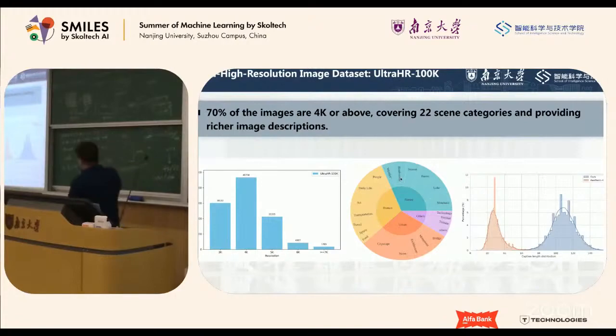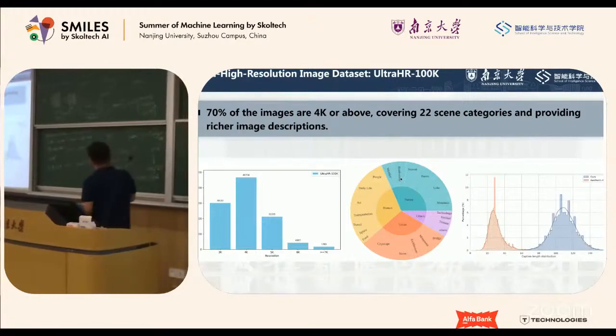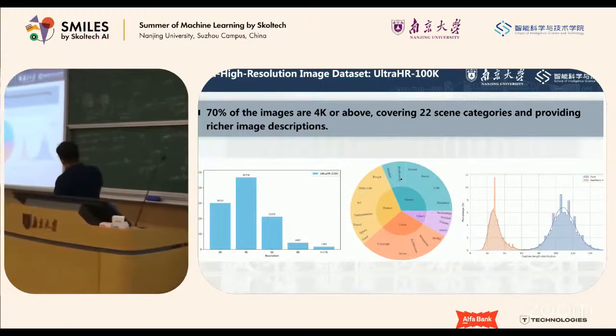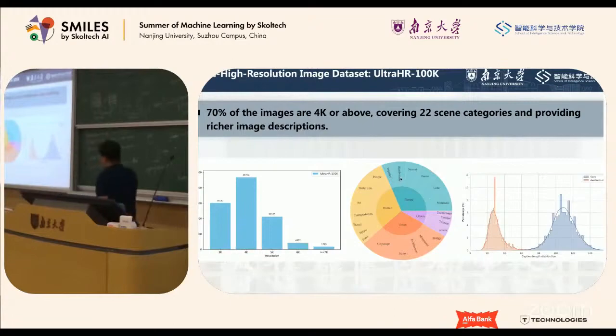If your caption or description for the image is longer, for example, in our dataset we may have 110 words for each image. But in Authentic 4K, most of the images may have just 30 words for the image.